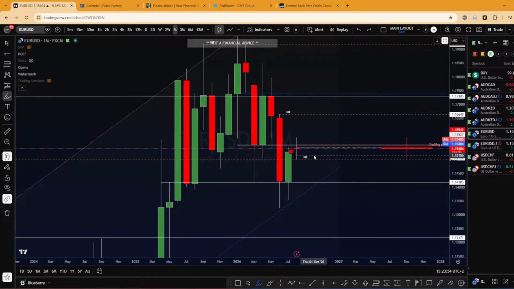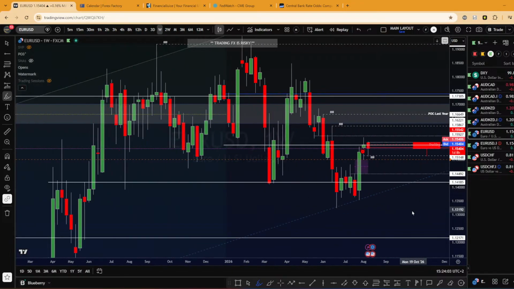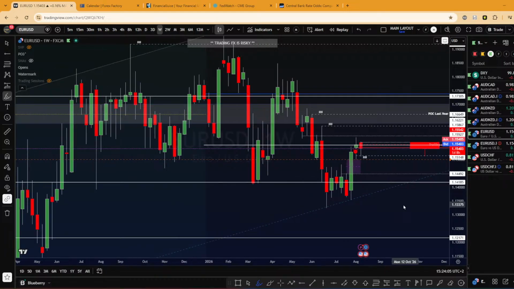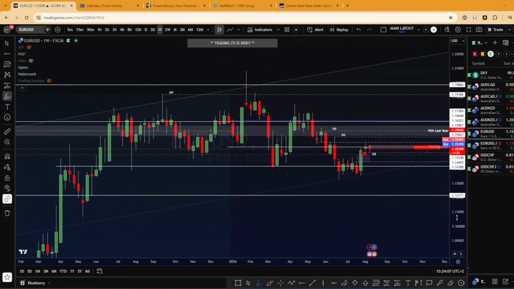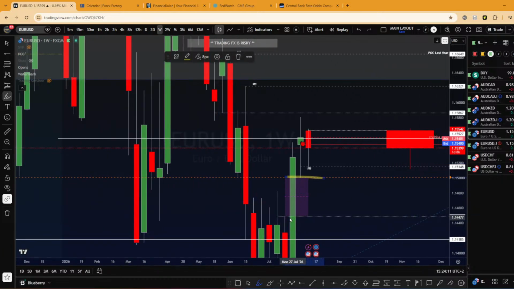But EURUSD is stuck at this level right there, you see. So let's go down and see clearly on lower time frame. On the weekly time frame, yeah, you see we have some imbalance right there.